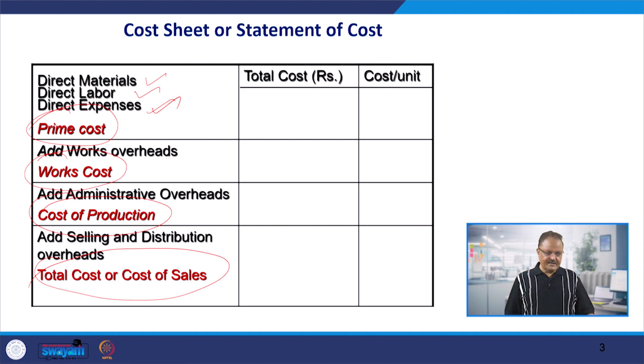And finally, when you take the product to the market, you have to incur the selling expenses, distribution expenses, advertising expenses, warehousing expenses, sales commission to the selling force, dealer's margin, everything. So they are called the selling and distribution overheads. So the total cost of the product is divided into four sub costs: prime cost, works or factory cost, cost of production and total cost or the cost of sales.